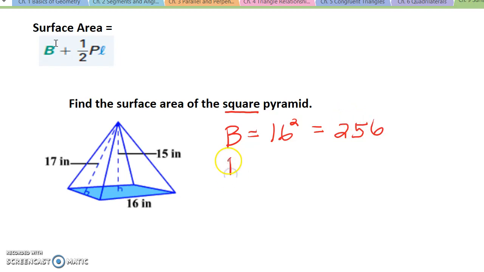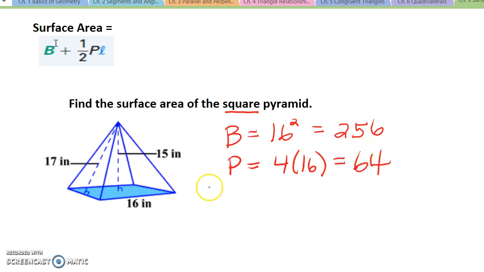Now, the perimeter of the base, remember what perimeter is, the distance around a figure, and this figure is a square. It has 4 sides. Each side is 16 inches. So the perimeter of the base then is 64 inches.